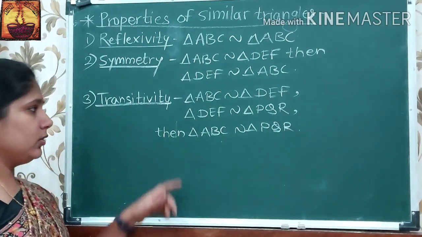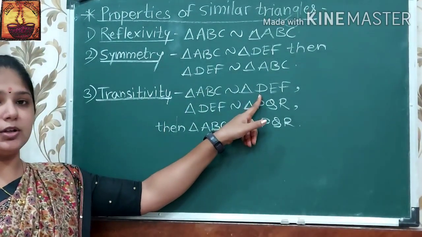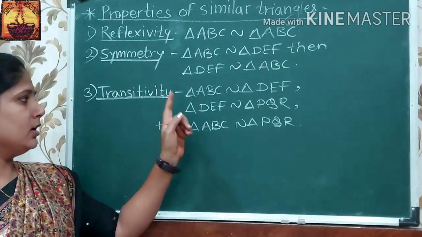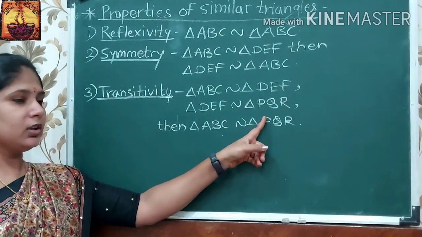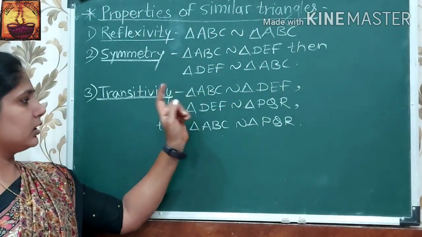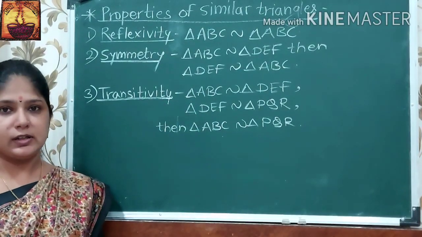It means if the first triangle is similar to the second triangle, and the second triangle is similar to the third triangle, then the first triangle is similar to the third triangle.